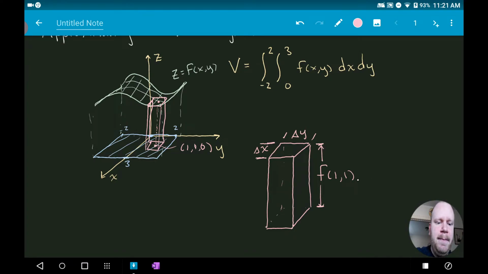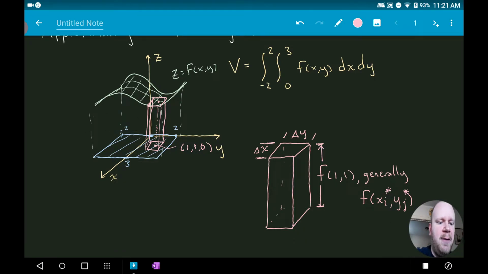More generally, since we're going to be making a whole bunch of rectangular prisms here, this is going to be f of x_i and y_j. I'll talk about what these i and j mean in just a second, but you may recognize this from Calculus 2 when you approximated the area under the curve.